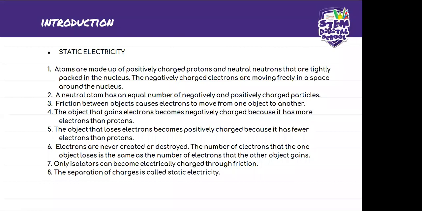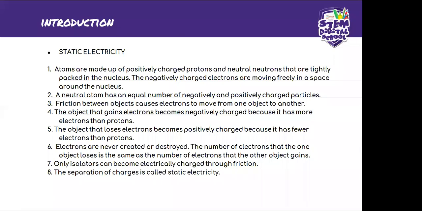The object that gains electrons becomes negatively charged because it has more electrons than protons. We go to point 5. The object that loses electrons becomes positively charged because it has fewer electrons than protons.